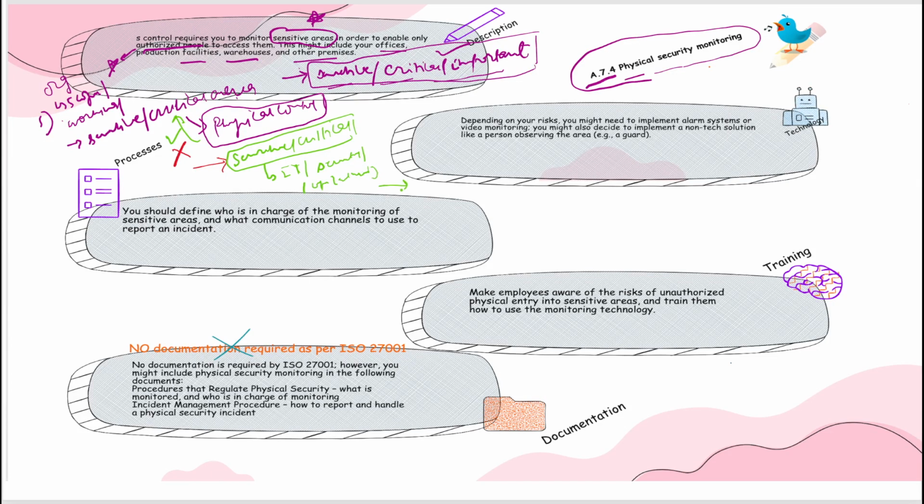But other general people like developers, testers, office staff, other employees besides IT, security, information security and the admin team, are not authorized or allowed to go into the data center.